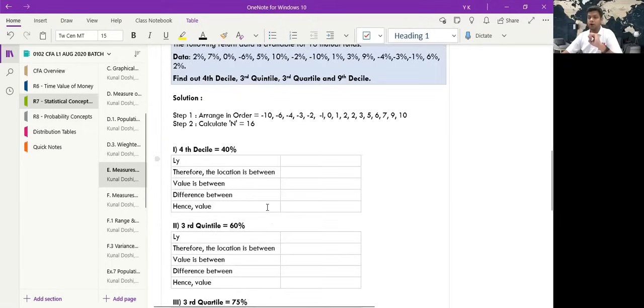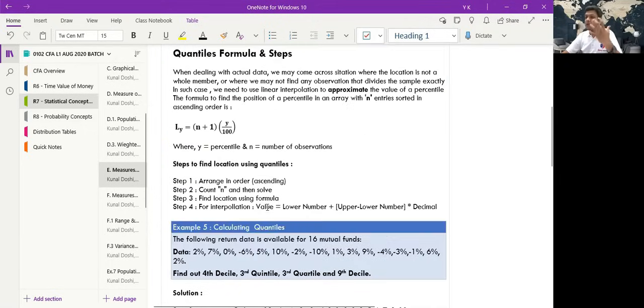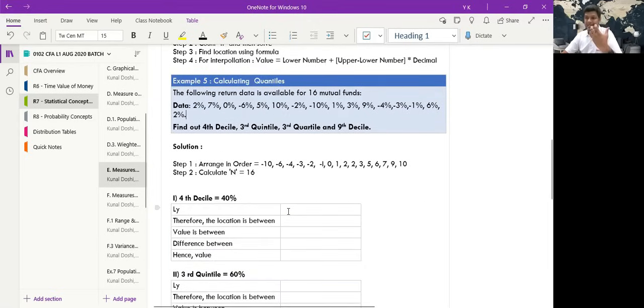Hold on, you may be wondering what exactly is going on. Remember, the formula here is n+1 multiplied by percentile. How does this help? For example, here we had 16 data, so I will write 16 plus 1, multiplied by the percentile.